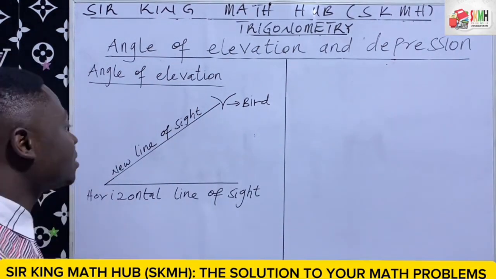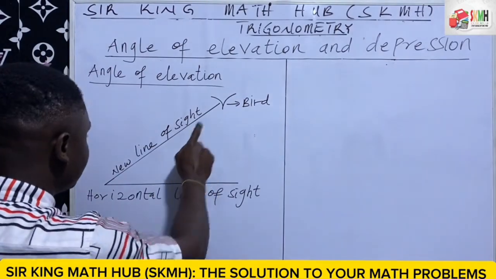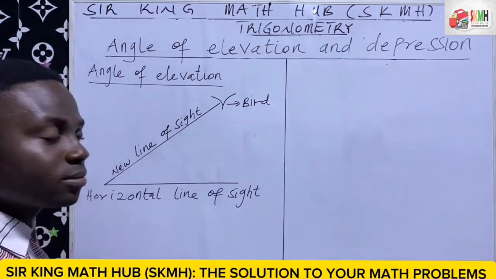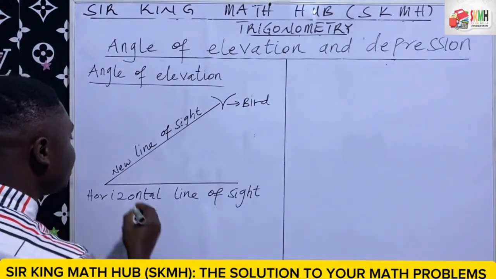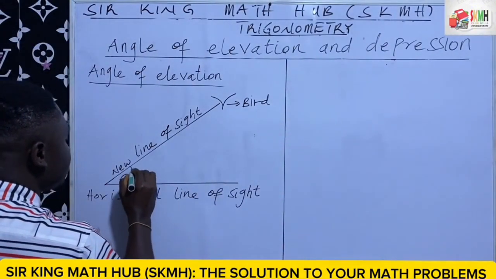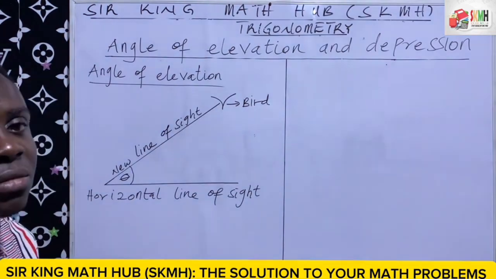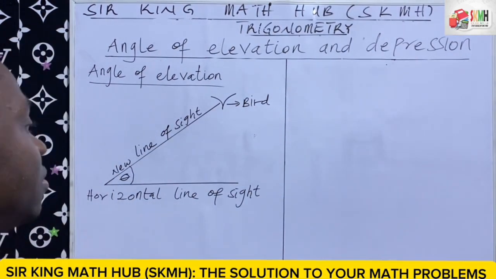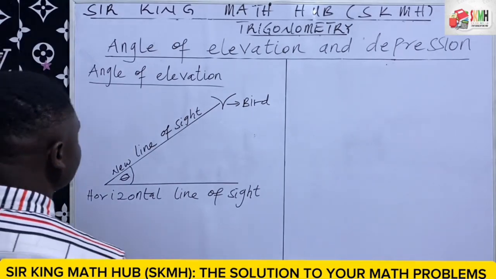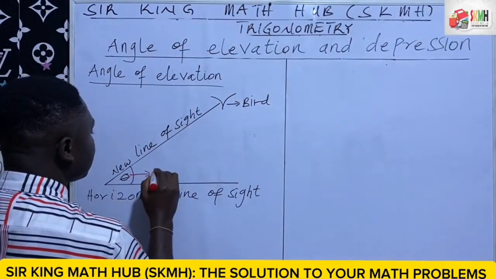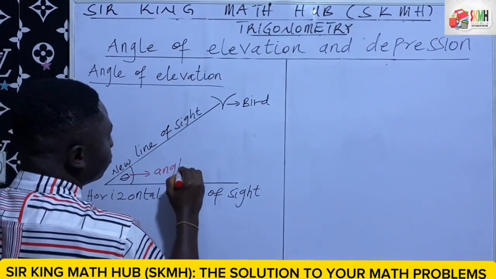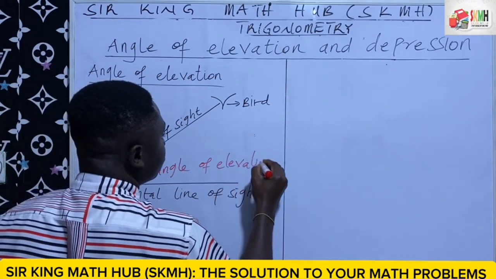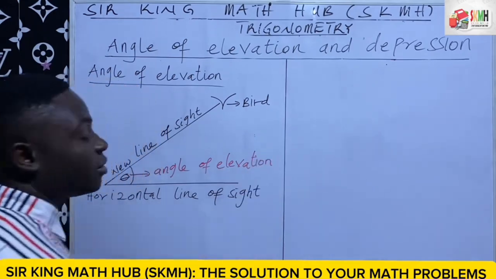Now, what do you see? You could see that our new line of sight and the horizontal line of sight have created an angle. There is an angle here. I'm naming the angle as theta. Now, this angle here is what you call angle of elevation.